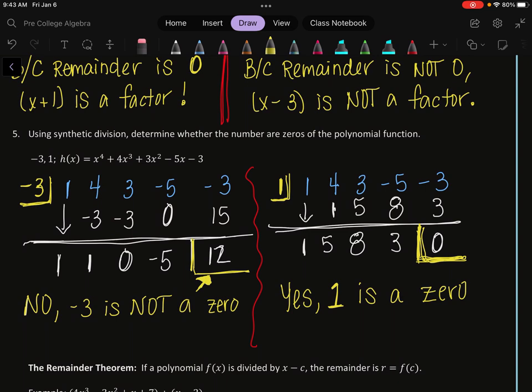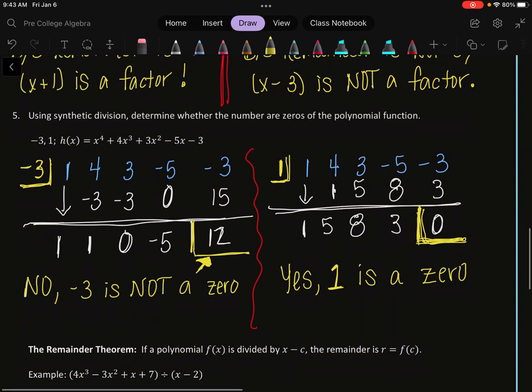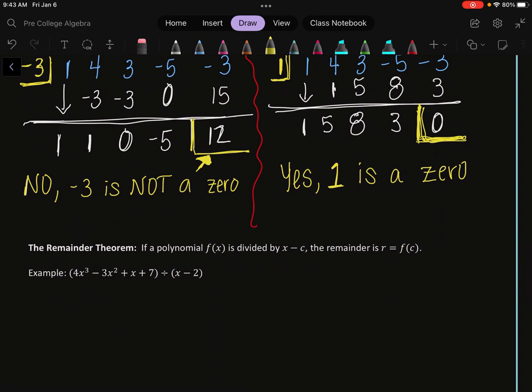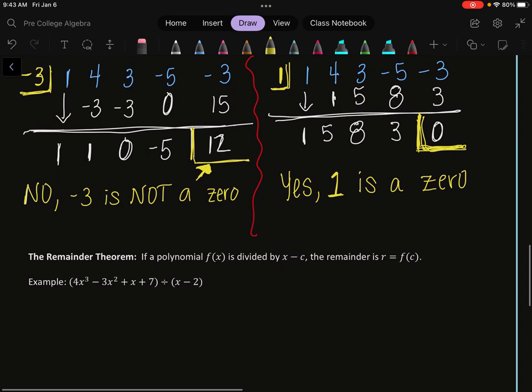Okay? So that brings me into the remainder theorem. If the polynomial f of x is divided by x minus c, kind of like we did in the second problem, the remainder r, so our remainder 0 here, is equal to f of c. So what that means is, I'll just put it back up here.